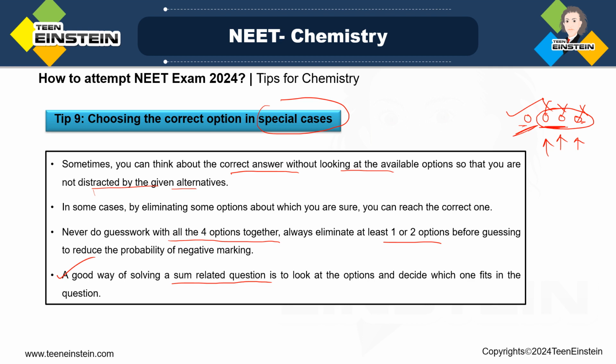That is also a way, when you have understood that an option is not fitting your answer, though you have not solved it or do not know it, that you can choose the correct option. So these are the different ways, but only in some special cases. It is not that you can apply this to any question in general. It is only for choosing the correct option in special cases.